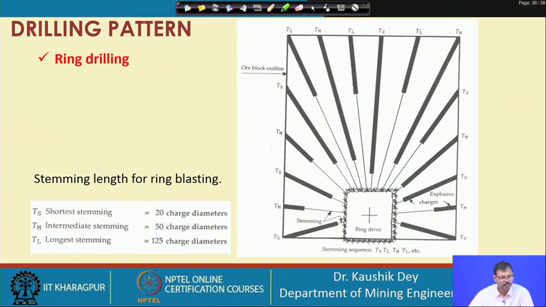So, basically this is the design of the ring drilling. TS is the shortest stemming, TM is the intermediate stemming, TL is the longest stemming. These are the design conditions. We will discuss all these things in the blast design part.